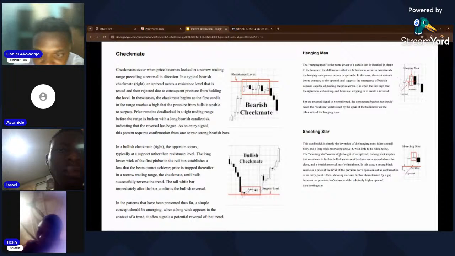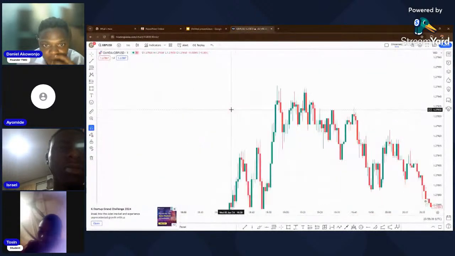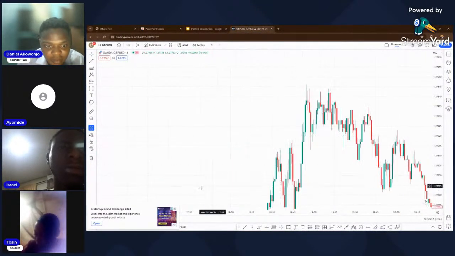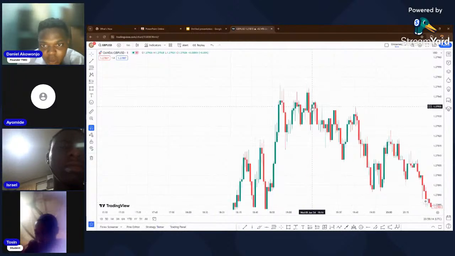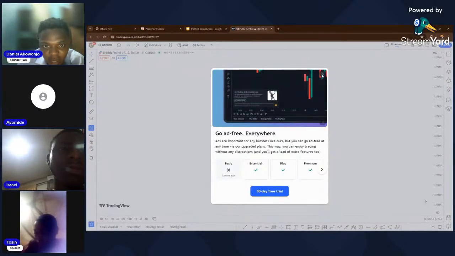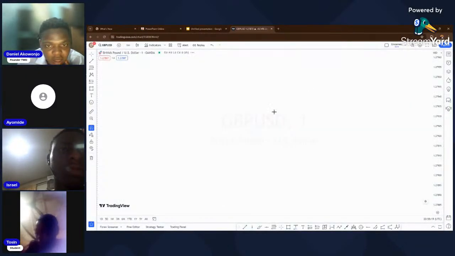This long wick implies that resistance to further bullish movement has been encountered. Do you understand? It means that there is something resisting price. Does that make sense? So it means that there's something resisting price at this point in time.